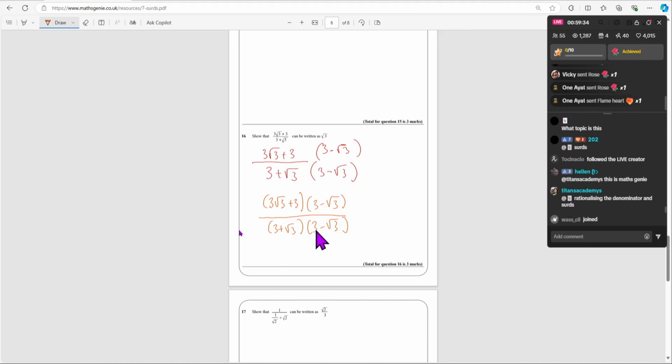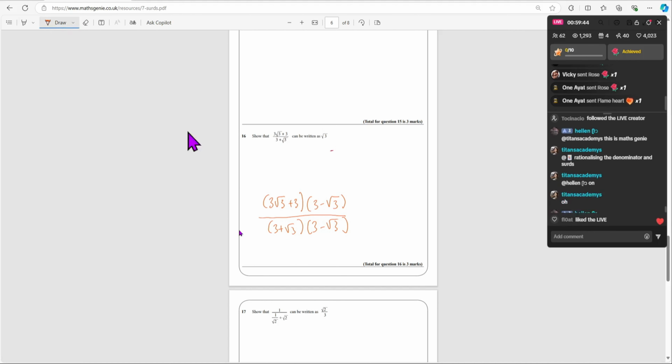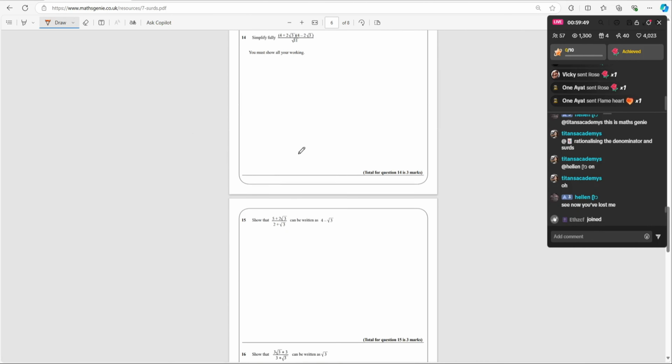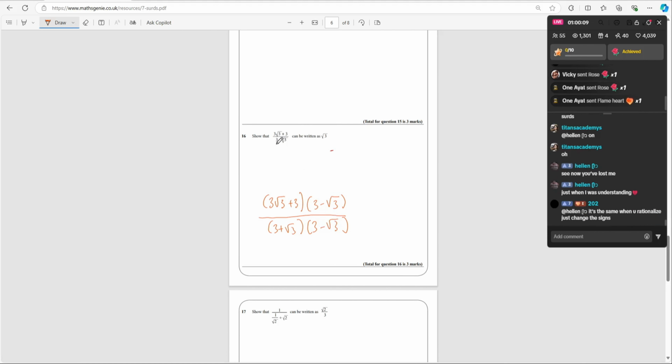Then you expand this out, expanding the bracket like I did over there. We are rationalizing the denominator, but we're doing the negative rationalize because we have a number with it.